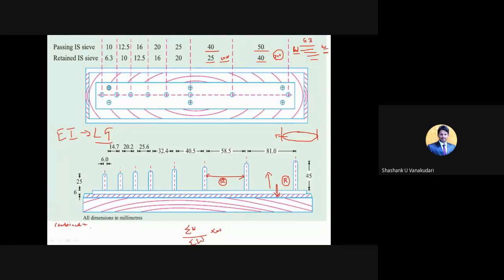It should not cross 30%. If the combined index is more than 30%, then it is not permissible for construction work. So after the results, you need to check the combined index property of the coarse aggregate, and it should not be more than 30%. Combined index means the summation of flakiness index and elongation index. Clear? It should not reach more than 30%.